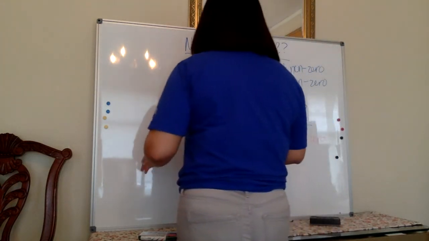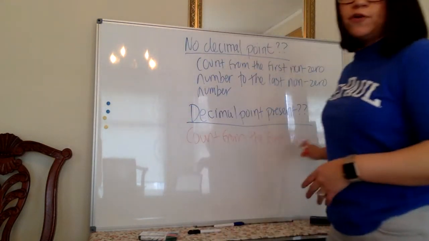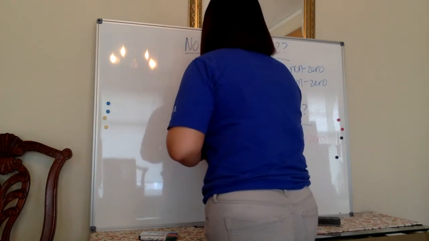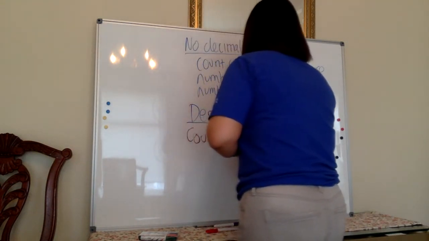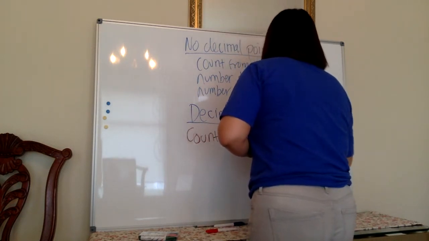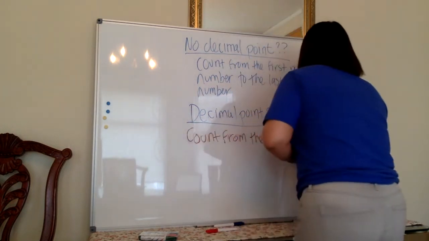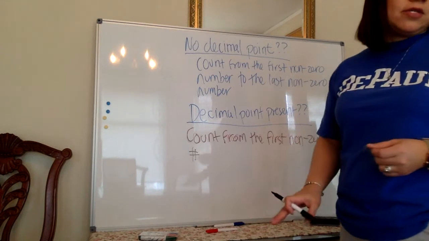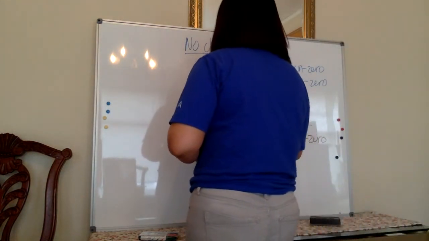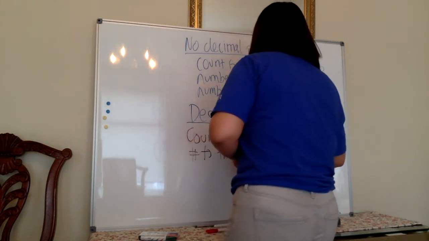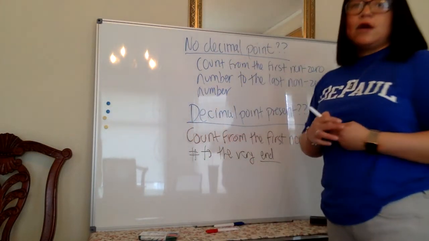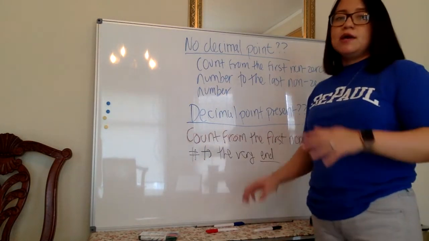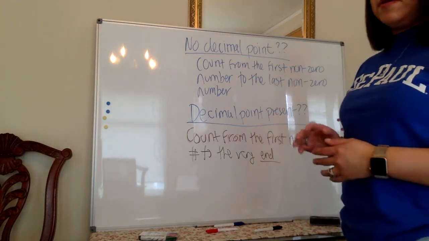So the first number that appears that's from 1 to 9, count from the first non-zero number that you see to the very end. Okay, so again, remember, the decimal makes zeros significant. The decimal is kind of the big key in what becomes significant and what is not significant.